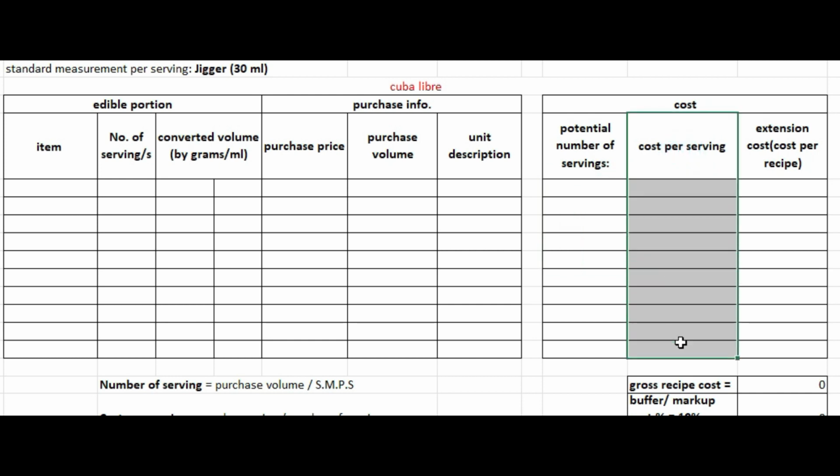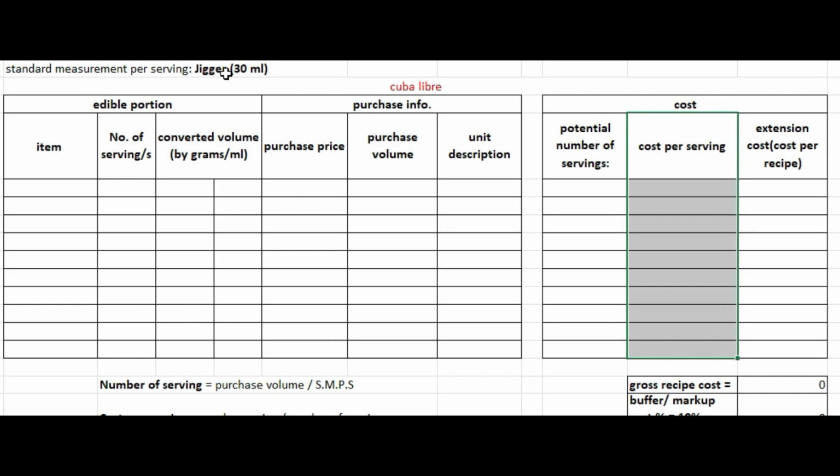And then we have the third part, which is the cost. So we have the potential number of servings, the cost per serving at 30 ml, and the extension cost or the cost per recipe for the entire ingredients. The cost per serving refers only to the cost per 30 ml.